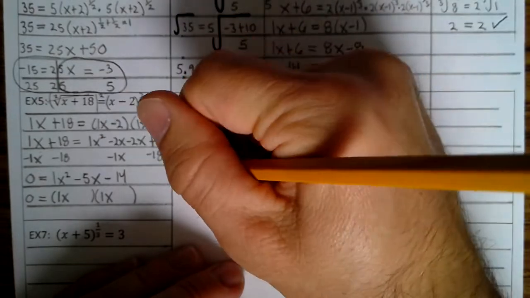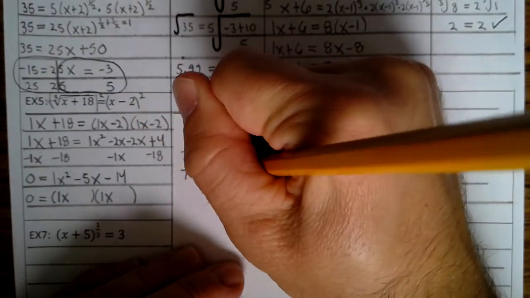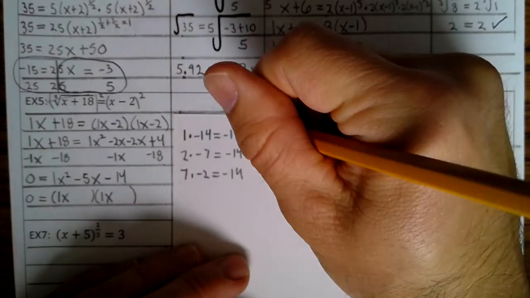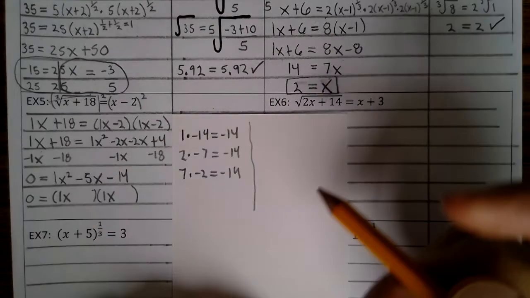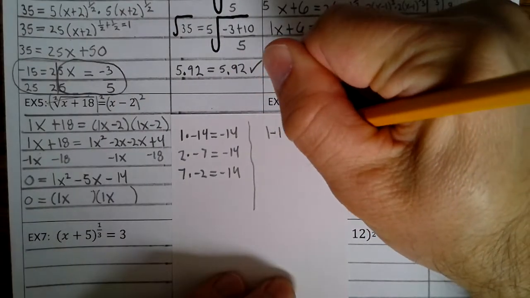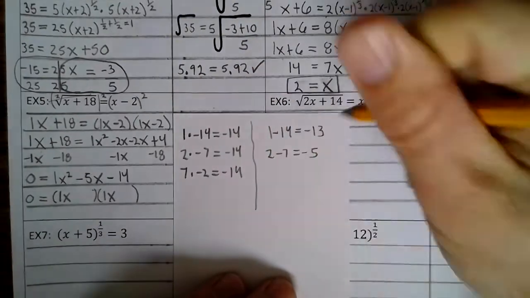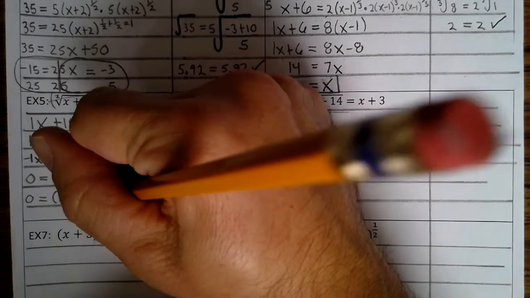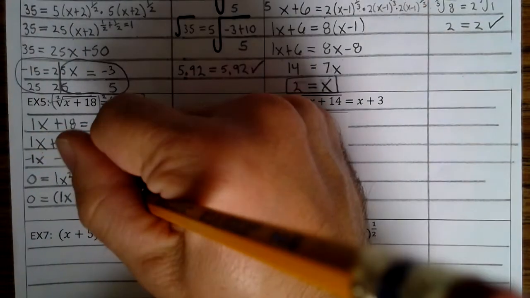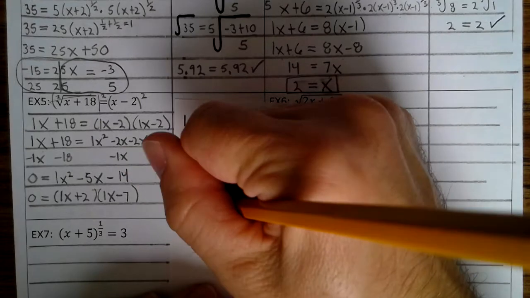Now we need to find the combination to make negative 5. So 1 minus 14 is negative 13. 2 minus 7 is negative 5. We have it. So our factors are x plus 2 and x minus 7. So then we set x plus 2 equal to 0, x minus 7 equal to 0. So we subtract 2 from both sides, x equals negative 2, x equals 7.